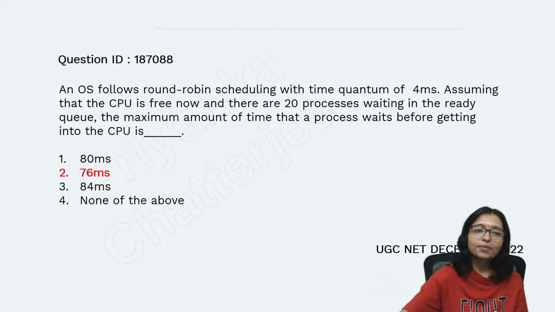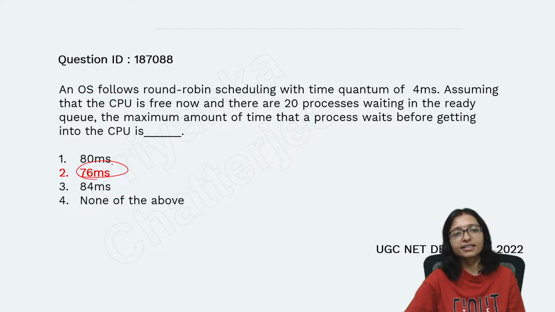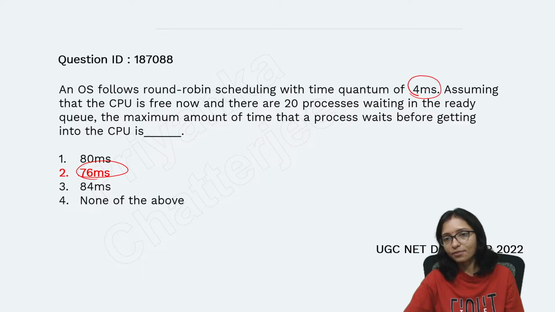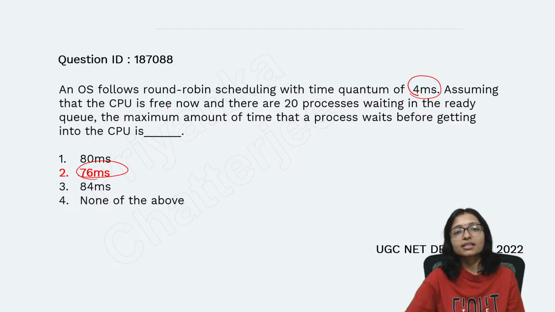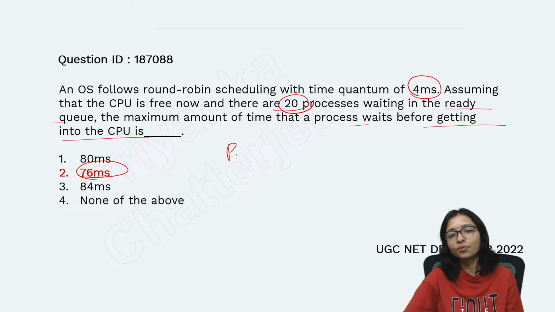Okay, answers are coming, very good. 76 is the correct answer, because here a 4 millisecond time quantum is given and there are 20 processes total in the ready queue. We need the maximum amount of time a process waits before getting the CPU. First it is P1 to P20. So when will P20 get the chance?